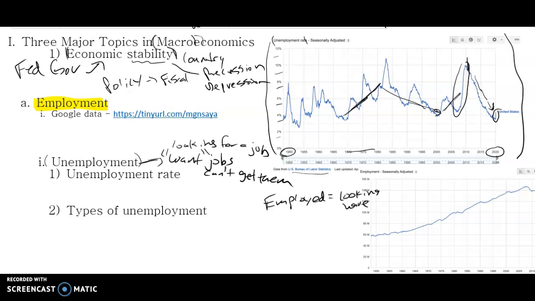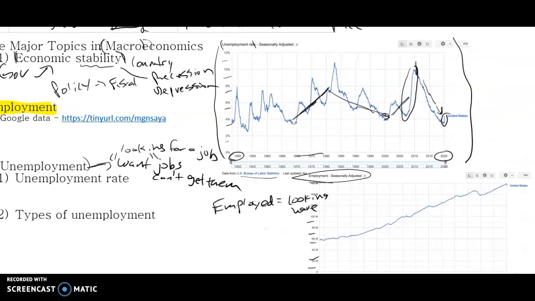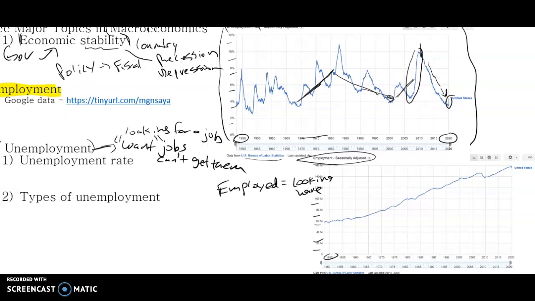And this you can see employment over time. So this is just the quantity of people employed over time. And this one goes to 2020 as well. So from 1950 to 2020, you can see the amount of people employed. This isn't a rate, but this is total employed.